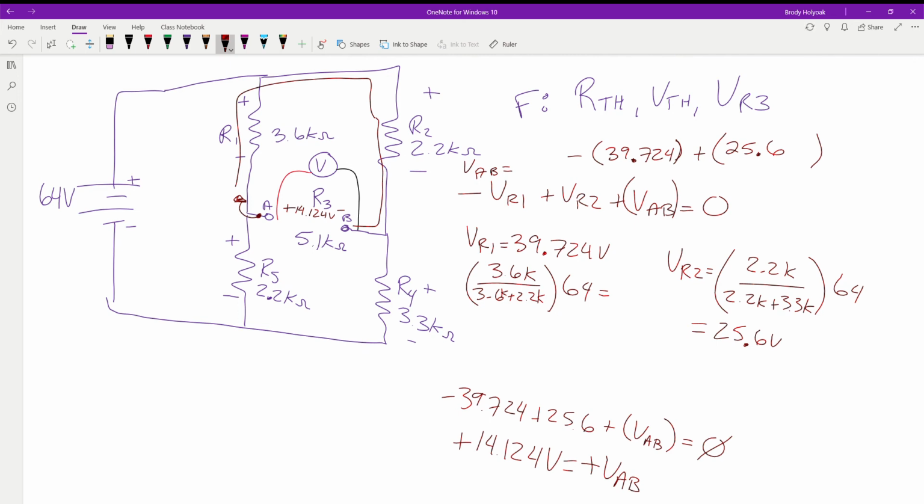Because we have our positive of our meter here, the negative of our meter here, we have to have a positive voltage. It would change the polarity of how it would come in. So this would switch because now we would have a negative and a positive on our meter, which can happen.